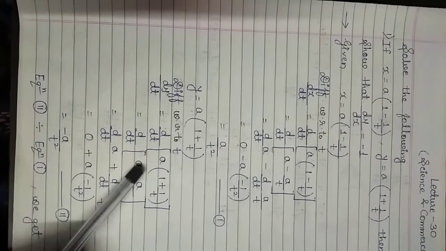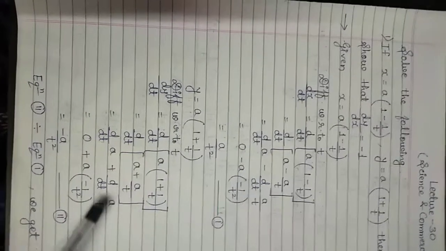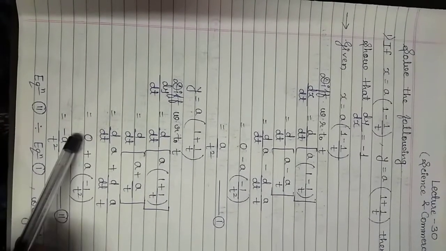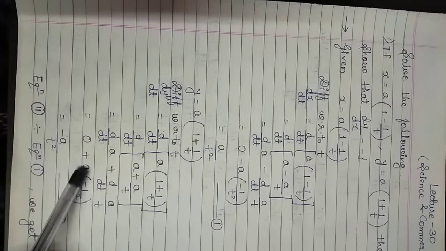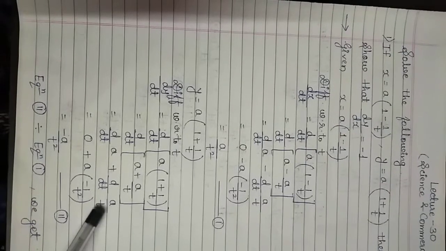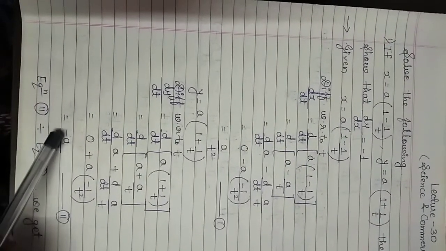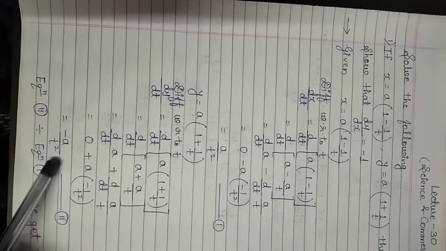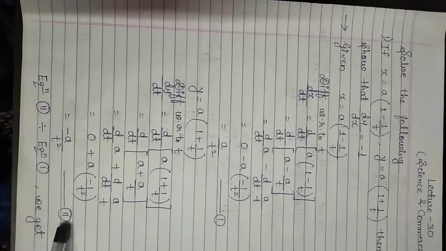Now derivative of first term, that is a, plus derivative of second term, that is a by t. Here also derivative of a is 0 and for derivative of a by t we will write a outside, and derivative of 1 upon t is minus 1 upon t square. So the answer is minus a upon t square. This is the value of dy by dt. We call this equation number 2.